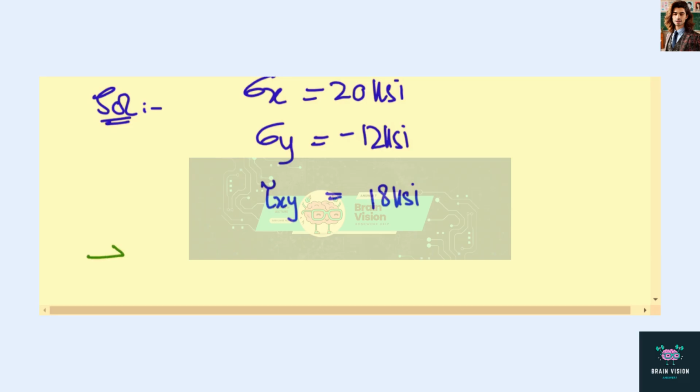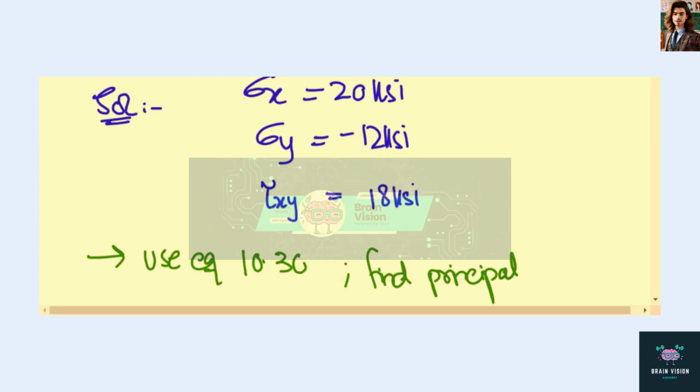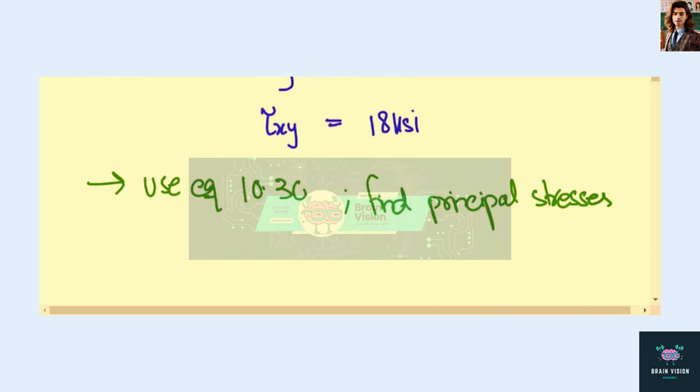For that we need to use equation 10.30 that describes the maximum distortion theory, but for that we need to find the principal stresses. To do so, we need to use equation 9.5, so by using equation 9.5 we would find these principal stresses.